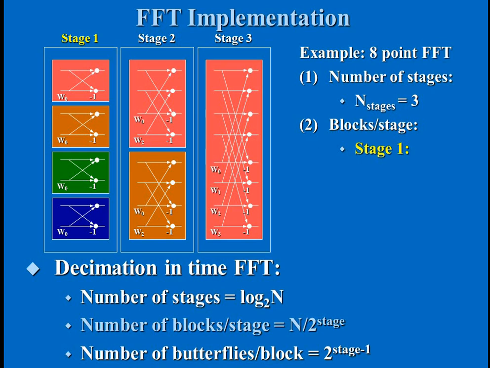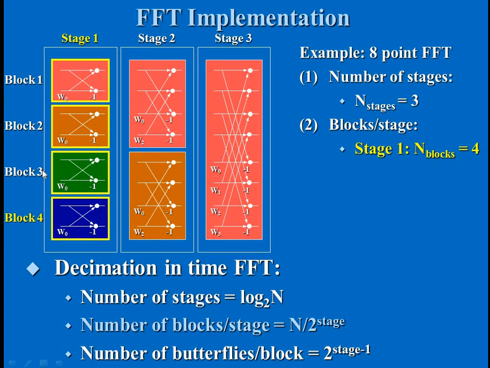So in the very first stage we are having total points as 8. We are dividing into even and odd, right? So if you divide 8 by 2, for blocks we will be having 4 blocks. So in stage 1 we are having 4 blocks: 1, 2, 3 and 4. After that, again we are going to decimate this sequence.